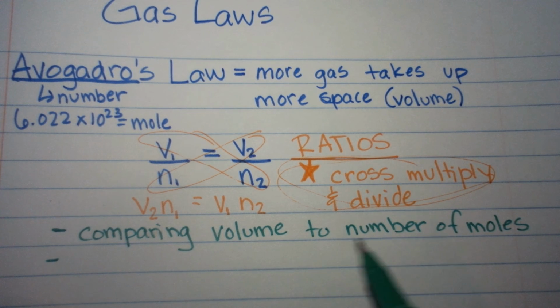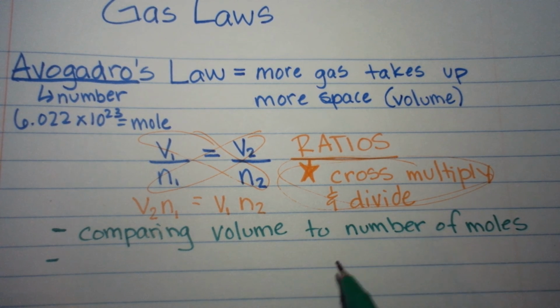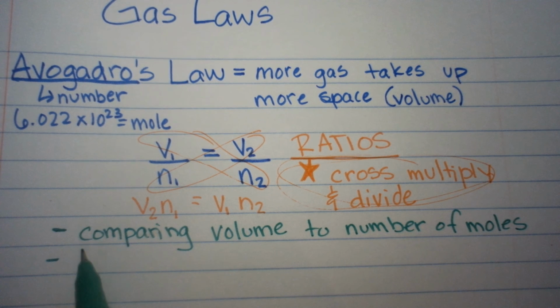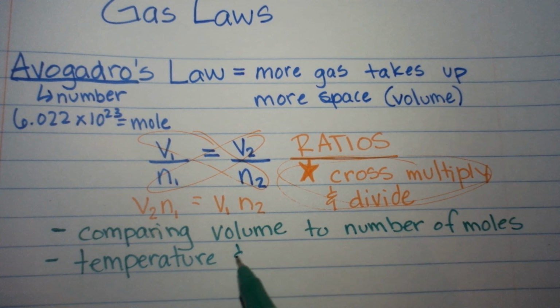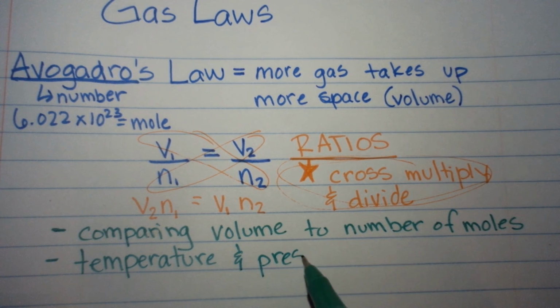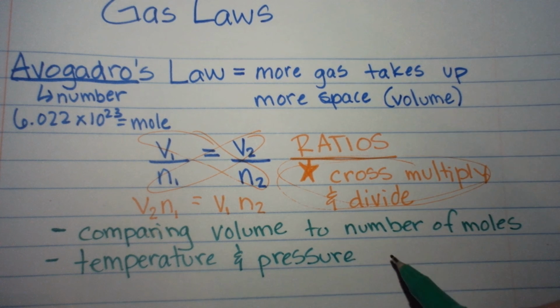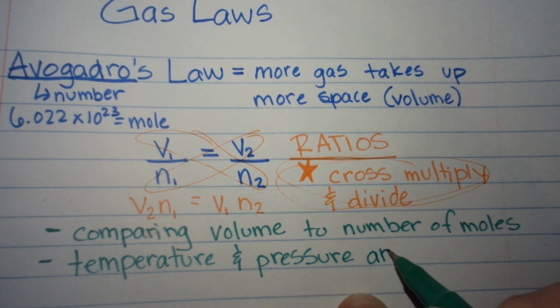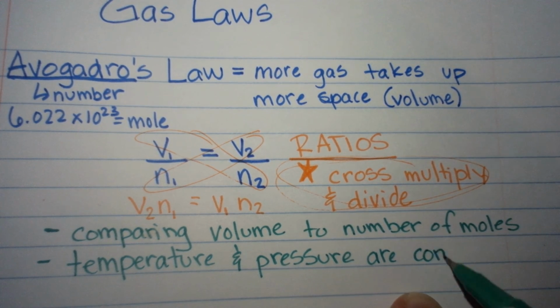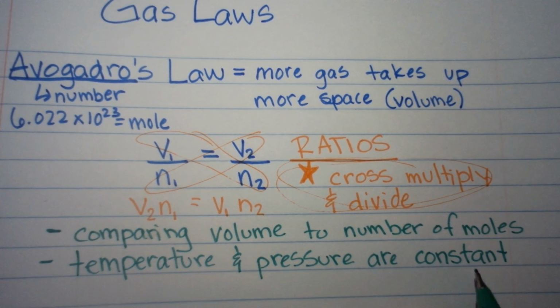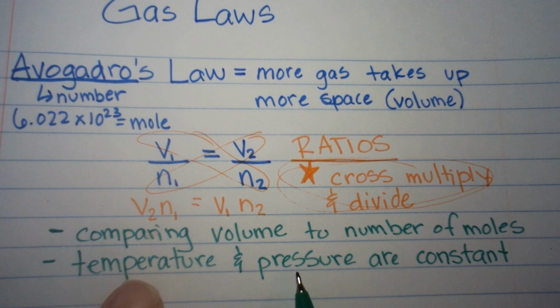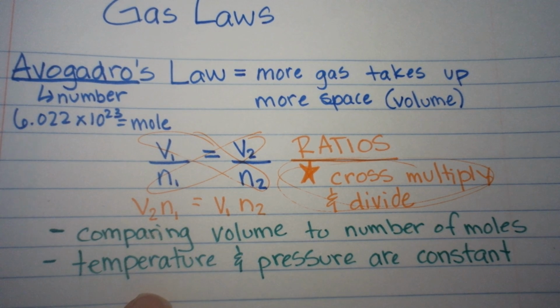Because if this is our relationship that we're looking at, then like the guy in our video said, temperature and pressure are constant. That means they're not going to change. We have to, in our experimental situations, keep temperature and pressure constant in order to apply Avogadro's law.